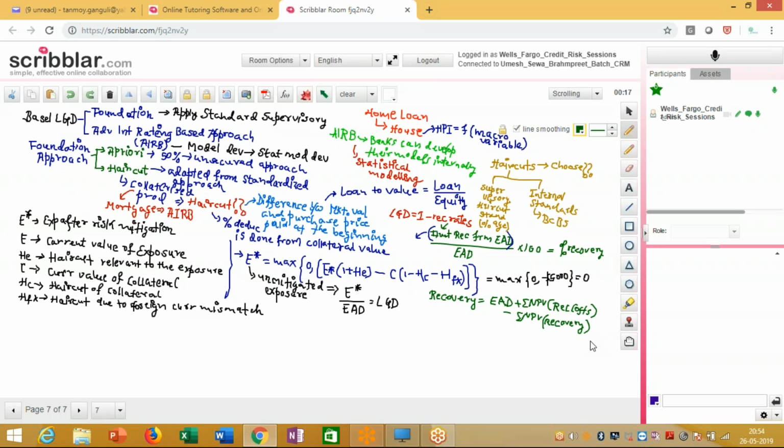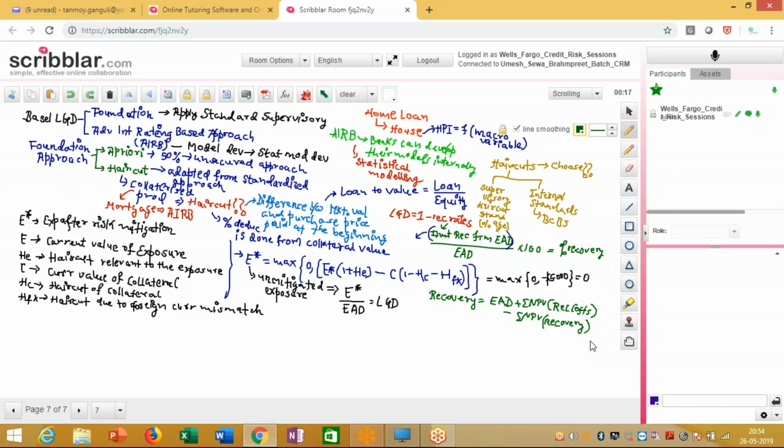So this is how you define your recovery. You have the total exposure at default, which is the total exposure which is outstanding. Plus to that you add your net present value of the recovery costs. And from there you remove the net present value of the recovery, right?